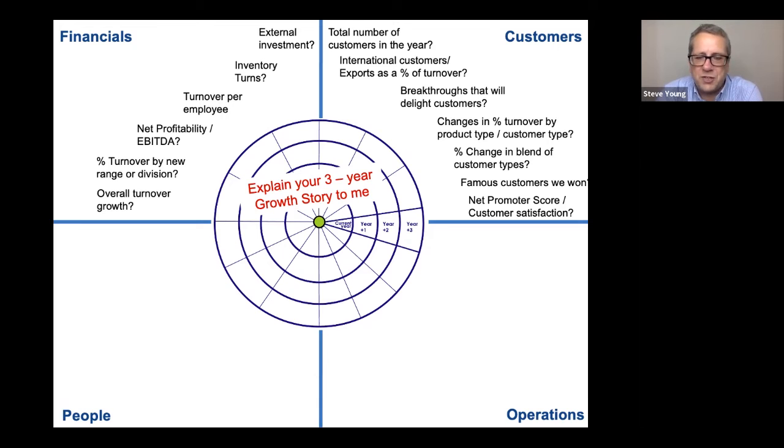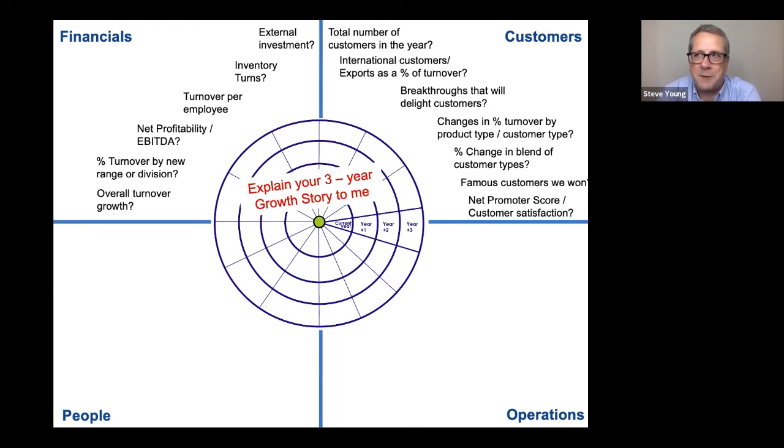So sure, if you wanted to, one of your spoke labels for your customers side could be total number of customers, or it could be breakthroughs that will delight your customers. Maybe you're going to be doing things by year 3 so that your response time is going to be down to 1 hour, where it's currently 10 hours at the moment, or maybe it's a quality thing, or maybe it's a cost reduction thing. What are the breakthroughs you're going to give for customers?